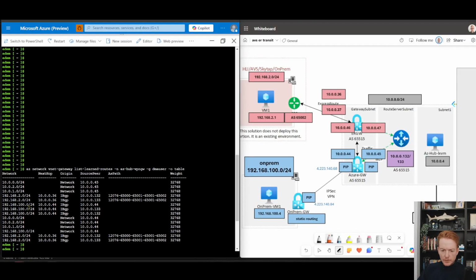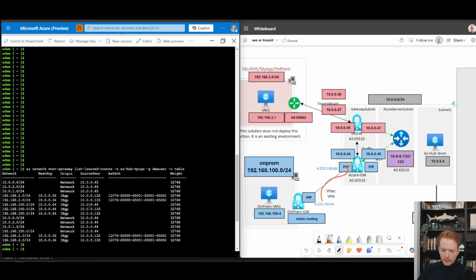The next one of interest here is 192.168.100.0. This is my on-prem VPN branch, and we can see that the next hop is .44, which is the BGP address associated with the active instance that's getting those routes from on-prem.